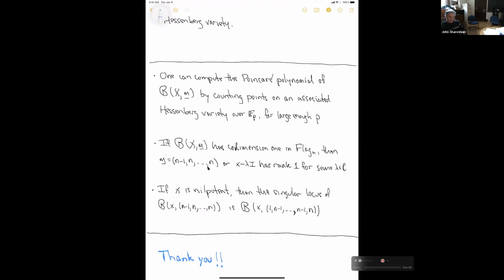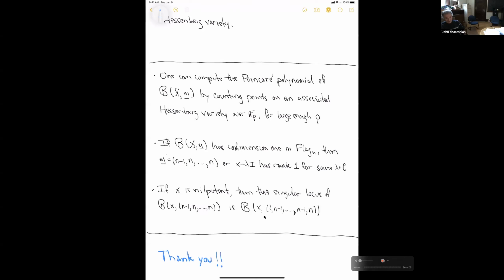But in general, what you need is something that almost looks like the whole flag variety. There's only one condition. So we studied these things for arbitrary X, and here's a sample theorem that we were able to prove. If I take a nilpotent matrix X, we can determine the entire singular locus of this codimension 1 Hessenberg variety. It's another Hessenberg variety.